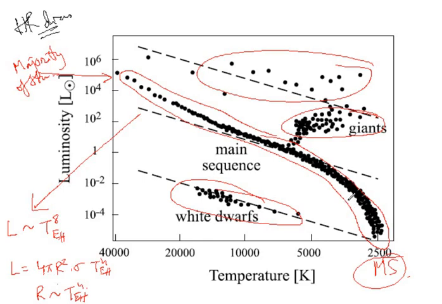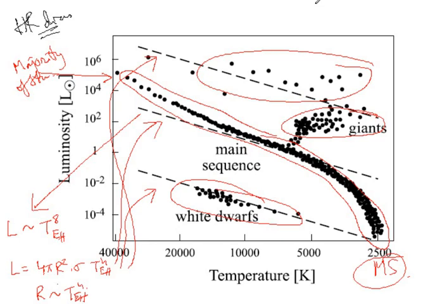Right. Now how can you find what these straight lines are? You must be thinking. Well, these dashed lines show the luminosity temperature relationship. These are the dashed lines here.